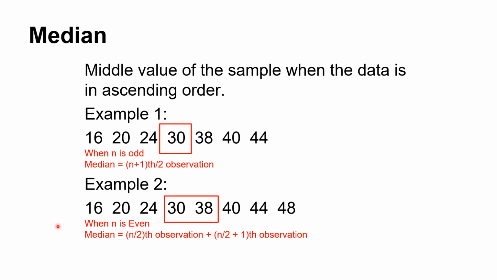There are 8 data here, and 8 is an even number, so the median uses data number 8 over 2, which is the fourth data, and 4 plus 1, the fifth data. These are 30 and 38. So the median is the average of 30 plus 38, divided by 2.